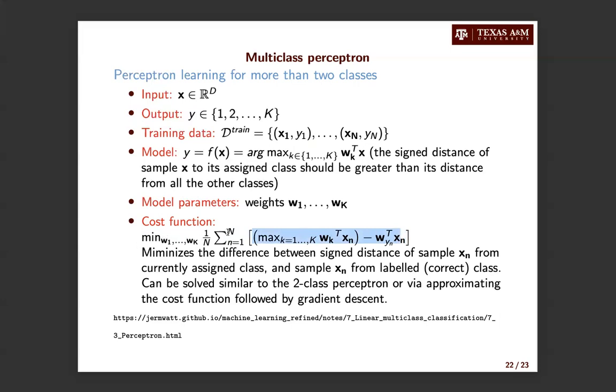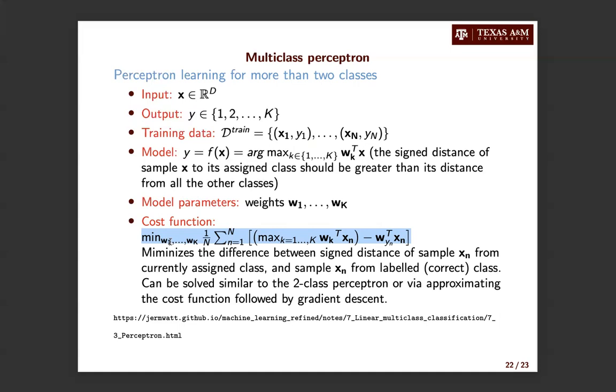And we learn this for all our training samples xn. That is why we have this sum here that ranges from 1 to n. And we minimize this whole sum with respect to all the weights w that correspond to each of the hyperplanes of each of our K classes.